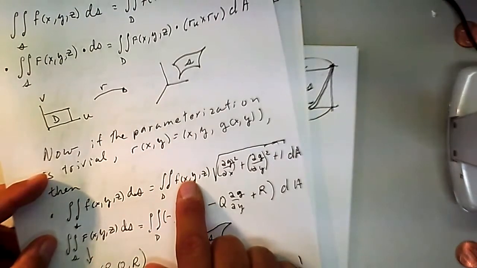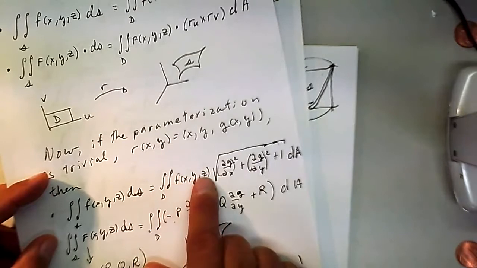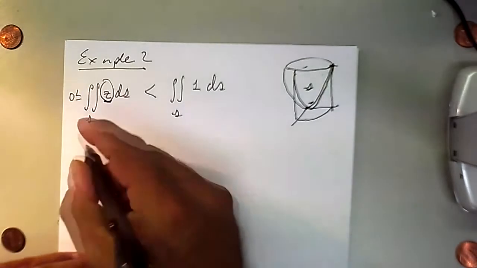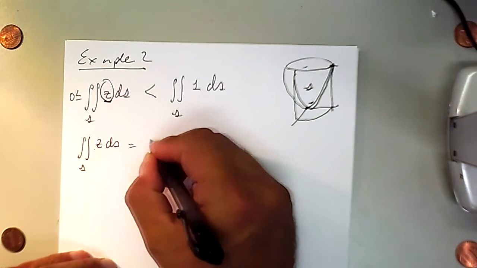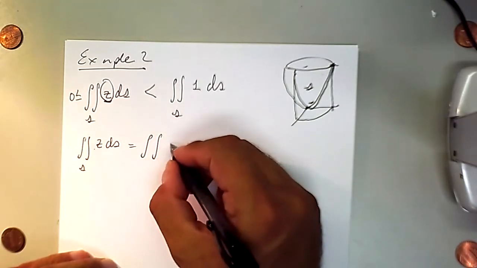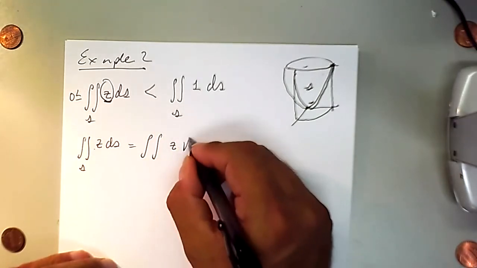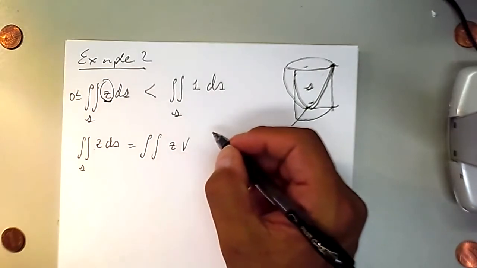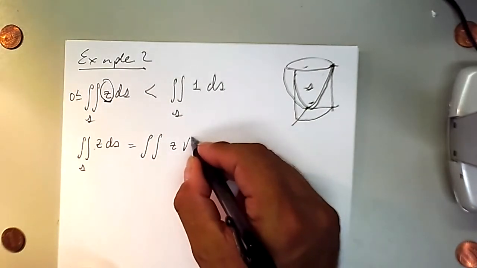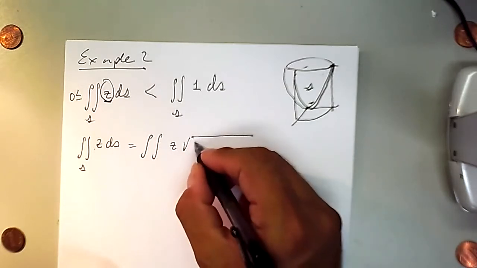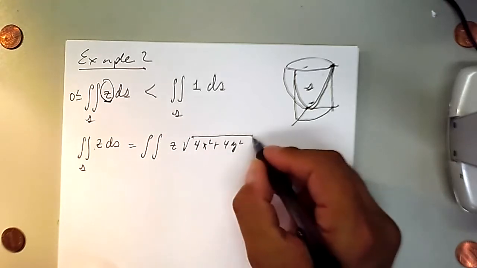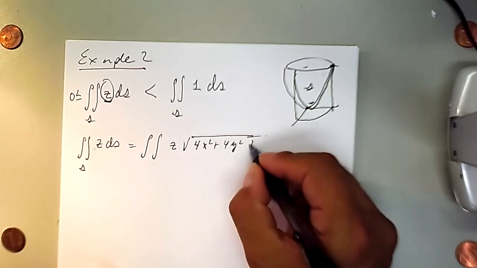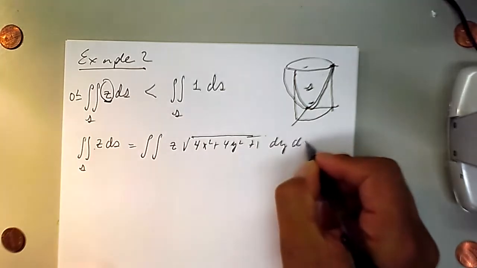The function in example 1 was 1. Now this function is z instead. All right, so the double integral of z dS is going to be the double integral of z times the square root of, remember from example 1, 4x squared plus 4y squared plus 1 dy dx.